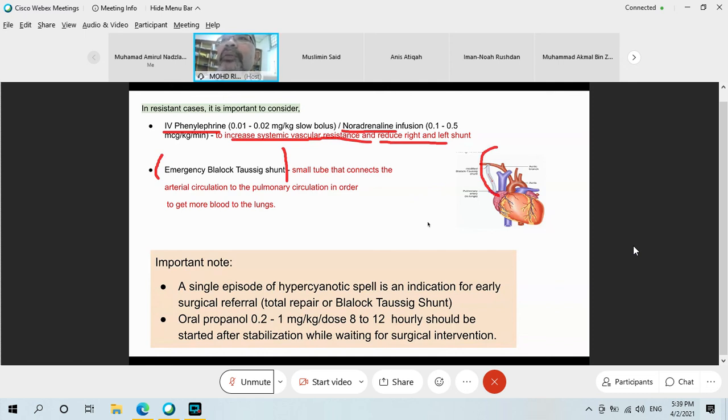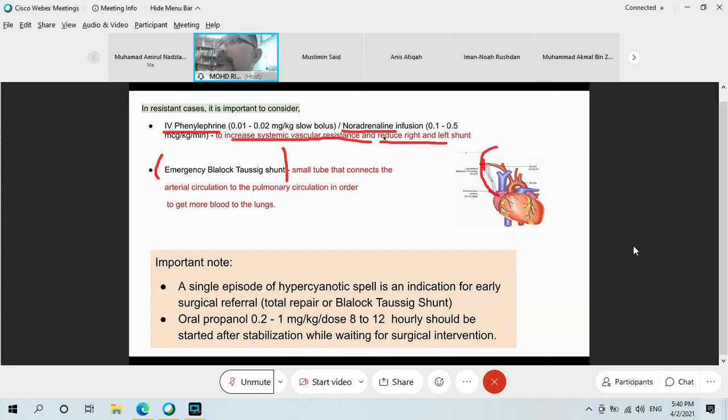Because in the classic BT shunt, when they first invented this procedure, the subclavian was directly connected to the pulmonary artery. But the problem is you compromise the blood flow to the arm, because you cut the subclavian and connect it to the pulmonary artery. Later they modified it and put in a small synthetic tube, so you increase the blood flow to the lung and at the same time maintain the blood flow to the arm.